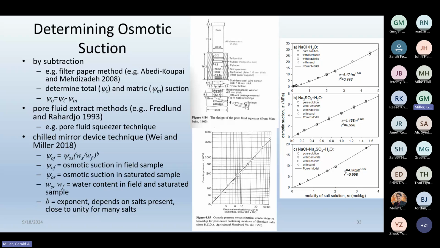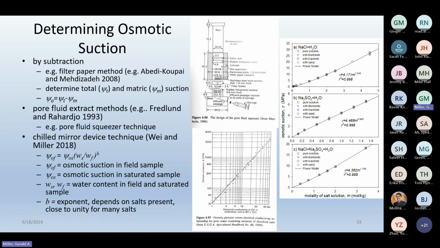You then take that sample or some representative portion of it, you mix it with water till it's thoroughly saturated, and then you measure the suction again. Well, this time you're measuring osmotic suction only because you've saturated the sample, you've gotten rid of the matrix component. Problem is you've diluted the salt concentration, so you've changed the osmotic suction. But you can use this equation to calculate the osmotic suction of the field sample based on the water content of that saturated sample that you use to measure the osmotic component and the field water content.